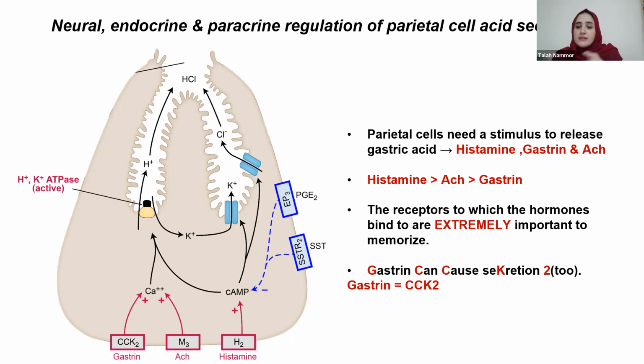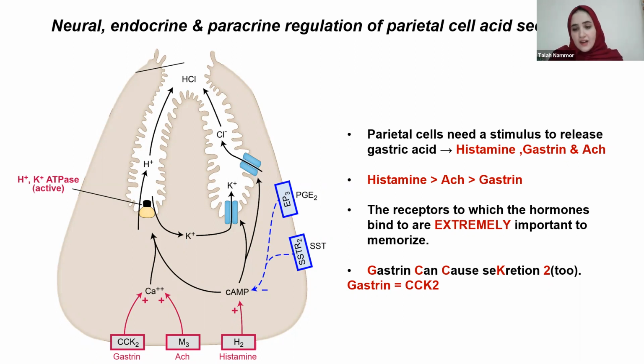Just know that we have receptors for gastrin, and gastrin can cause gastric secretion without histamine, but it's very, very weak. If we think of the power of the hormone, just think that histamine is the most powerful and gastrin is the weakest. Okay?